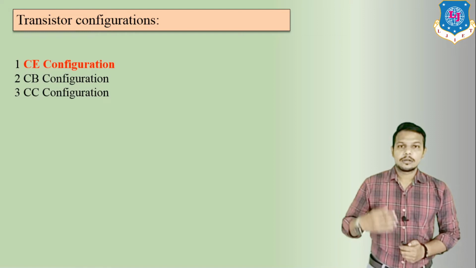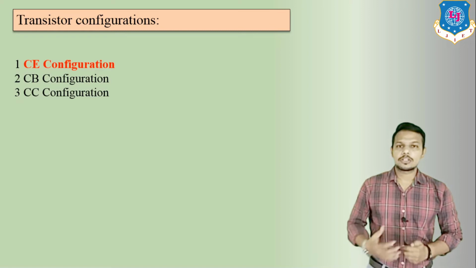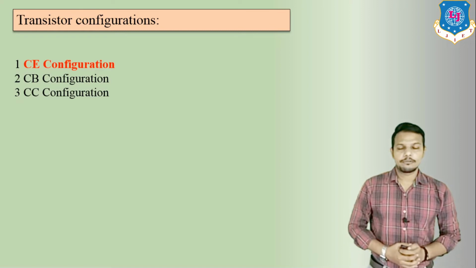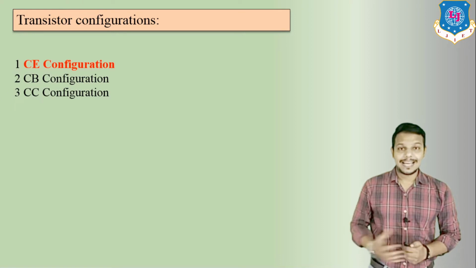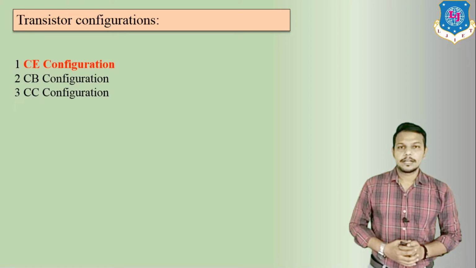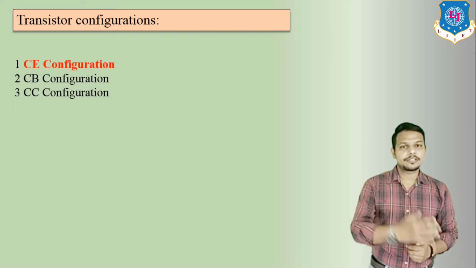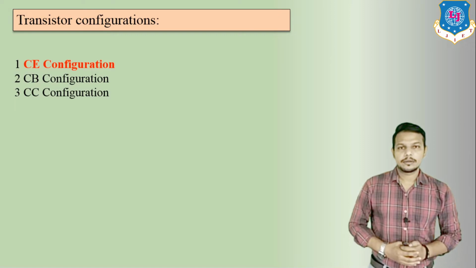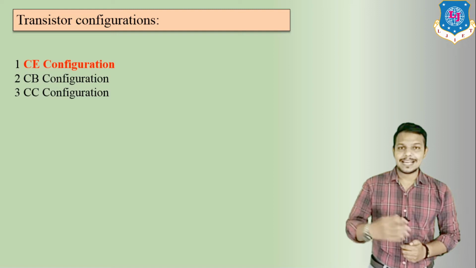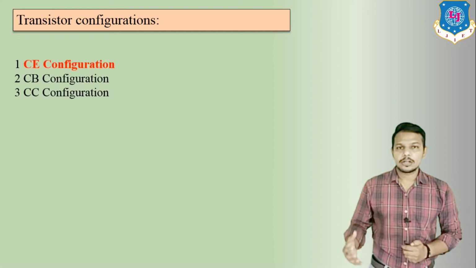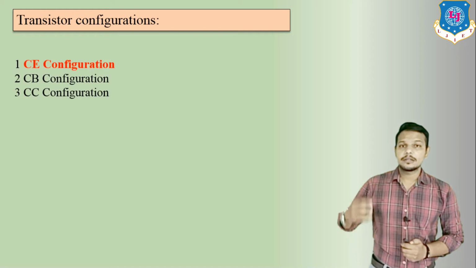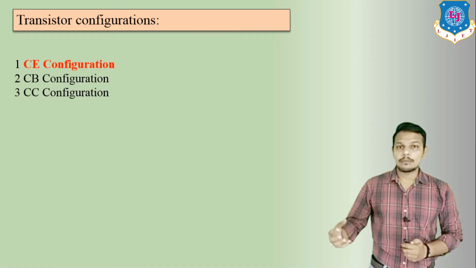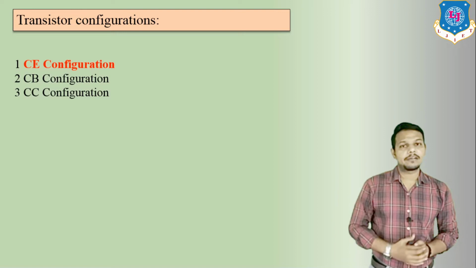If you put a particular terminal as common, that becomes the common configuration. For example, if I take the emitter terminal as common, it becomes common emitter configuration. If I consider the base as common, that becomes common base configuration. If I take the collector as common, that becomes common collector configuration.